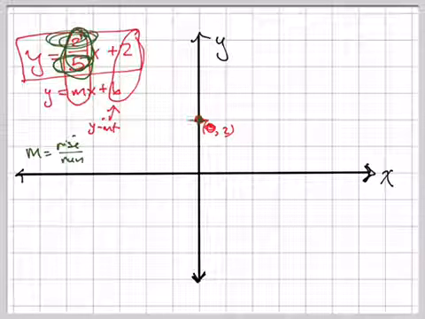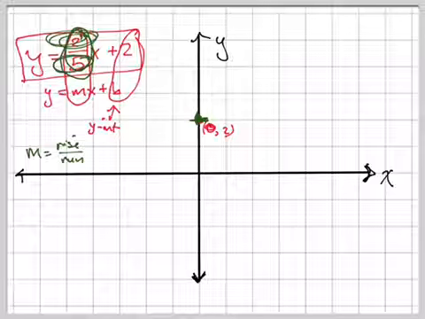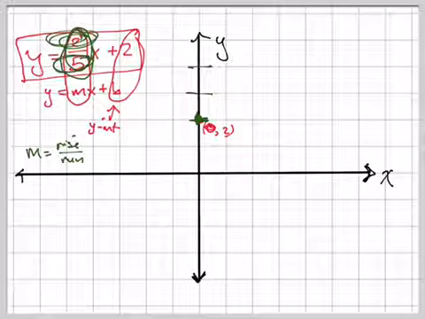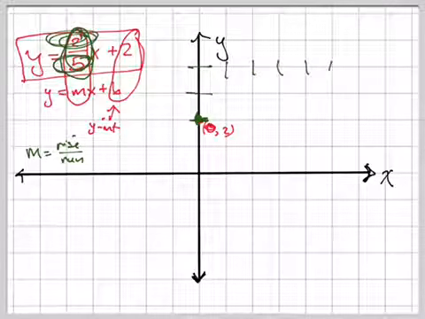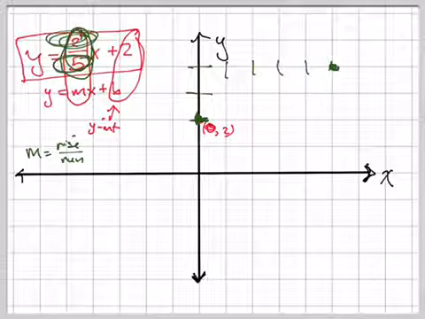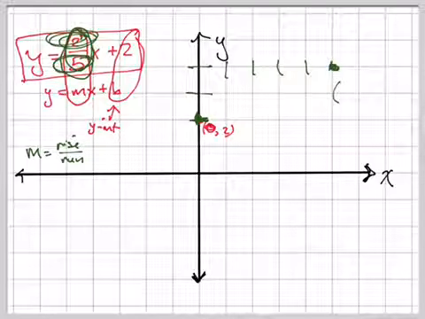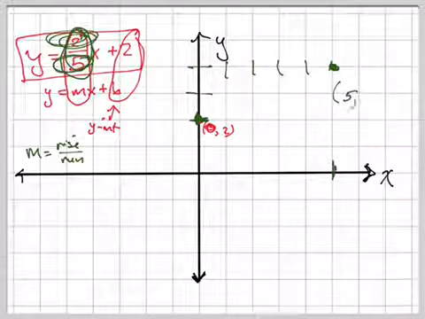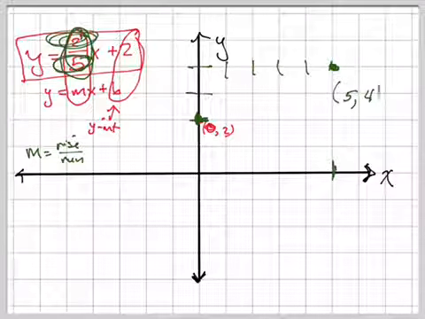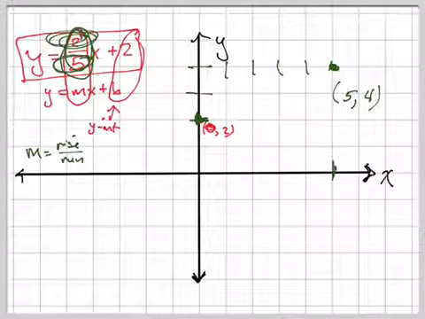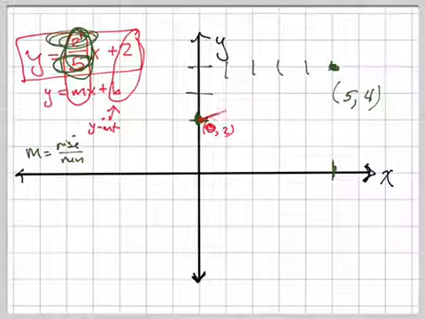So starting here at 0, 2, I go up 2 and over 5. So that point is going to be 5, 4. And then take a line and connect those 2 points.